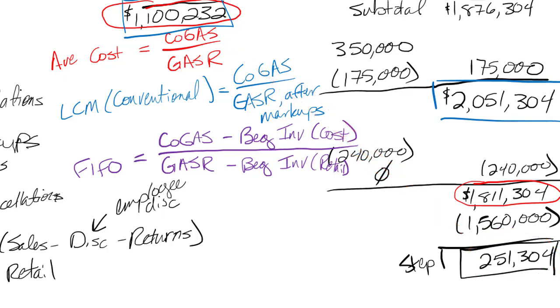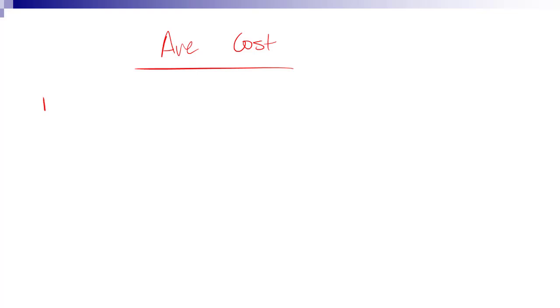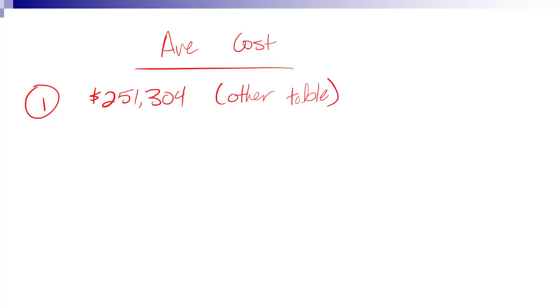Let's take a look at one of them so we can see how it works. So let's start with average cost. So step number 1 under average cost would be to get my ending inventory at retail. And we calculated that. It was 251,304. That was from our earlier table. Step number 2, I get my cost to retail ratio.